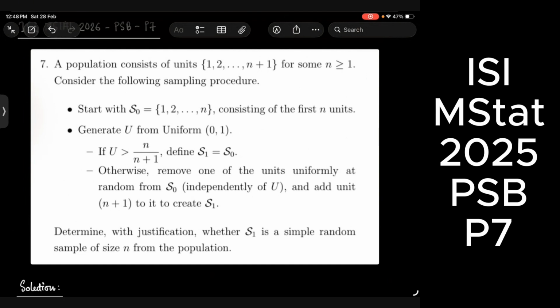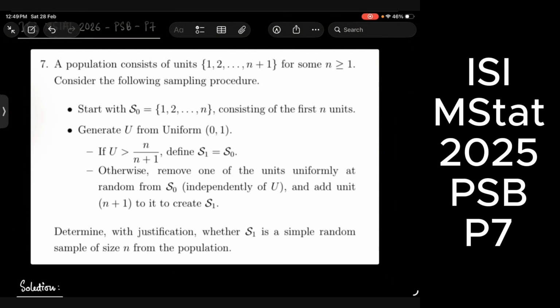Then generate U from uniform 0 1, okay? And if U is greater than n by n plus 1, then define S1 equal to S naught. Otherwise, remove one unit uniformly at random from S naught, independent of U, and add unit n plus 1 to create S1.